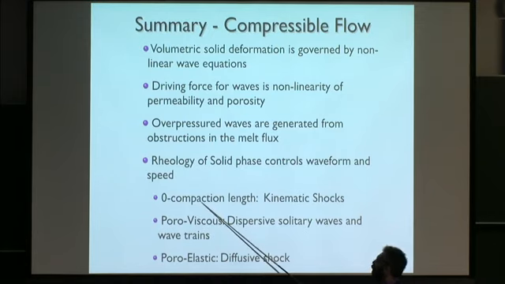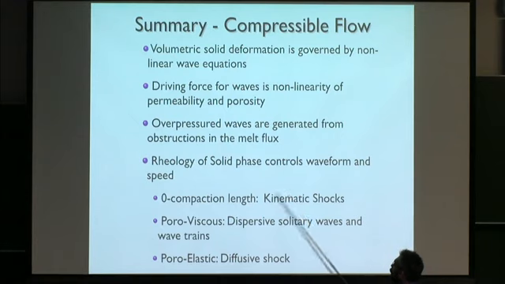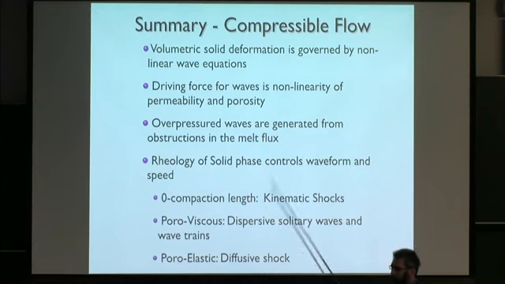If you assume there's no rheology, no resistance to opening, you just calculate kinematic shocks. These cannot be right. In the poroviscous case, they disperse into large sets of dispersive waves. If it's elastic, however, it actually looks much more like the shock solution with a little bit of elasticity controlling the thing. That's in 1D.